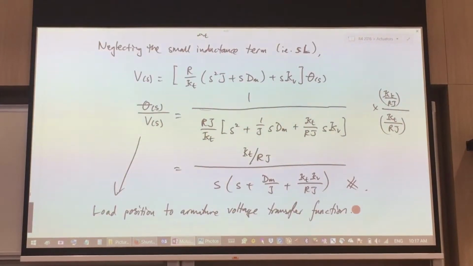Now this transfer function was set up without gear, and the next set of notes goes about trying to find out what the transfer function is when there is a gear reduction system coming in between your motor and your load. There's a gear.